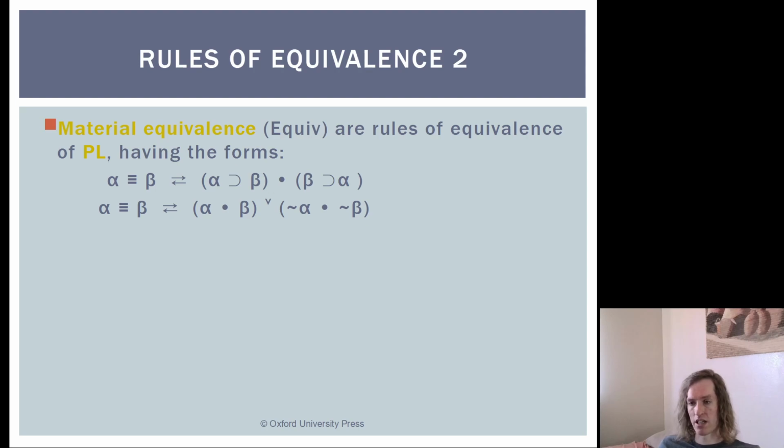What a biconditional is expressing is that each side has the same truth value, whether that's true or false. And you can see that the disjunction is a clear expression of that. Either alpha and beta, or not alpha and not beta. Either both of these are true or they're both false. And that's going to be logically equivalent to alpha if and only if beta. Okay.